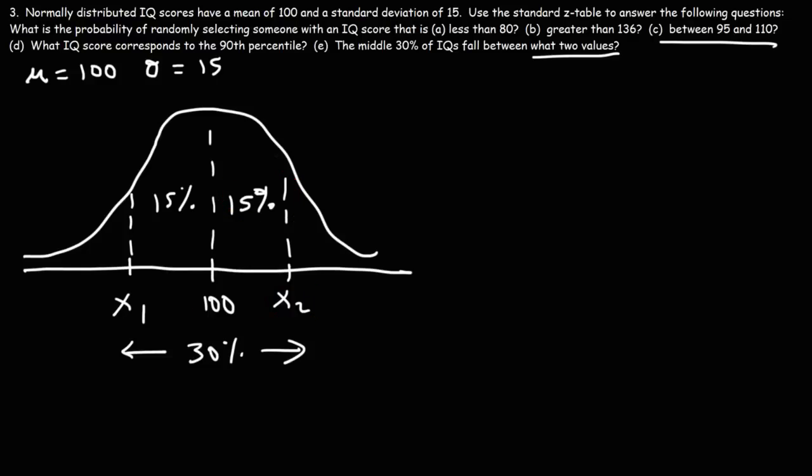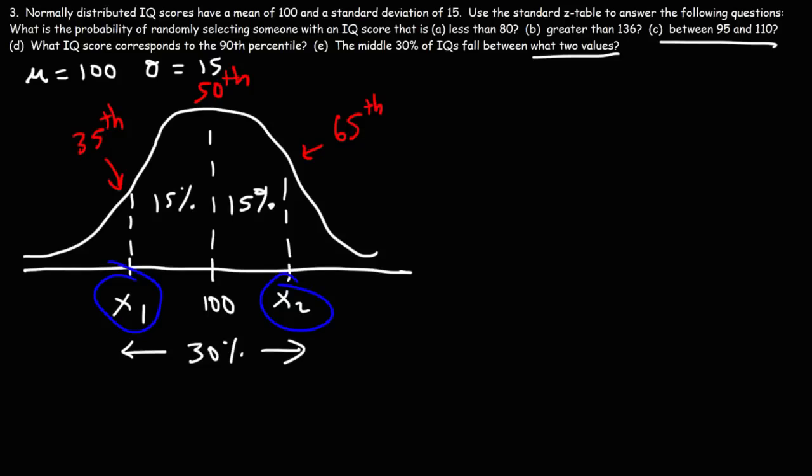Now understand that this is the 50th percentile, so 15% to the right of that will bring us to the 65th percentile, and 50 minus 15 on the left will give us the 35th percentile. So we need to find the x value that corresponds to the 35th percentile and the x value that corresponds to the 65th percentile. So that's how it's similar to Part D.